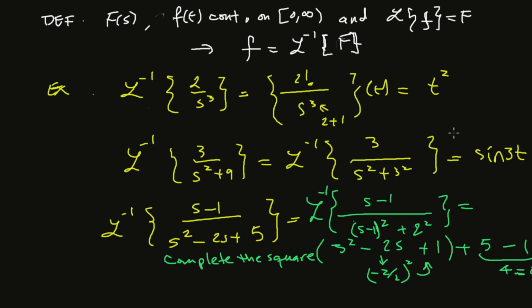And that gives us now, because we have s minus 1, when you look into the table, you know that this has to do with the cosine. So cosine of bt, where b is 2, and now you're going to ask for a, which is 1, s minus a, s minus 1, so it's 1. Alright, so these are 3 nice examples that involve what most of the time you'll be dealing with.